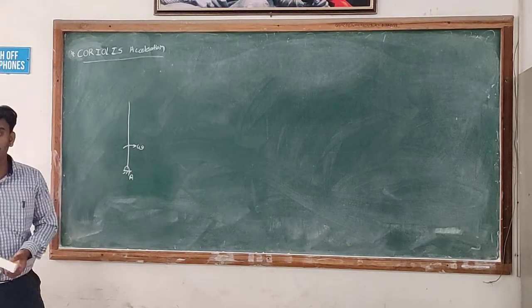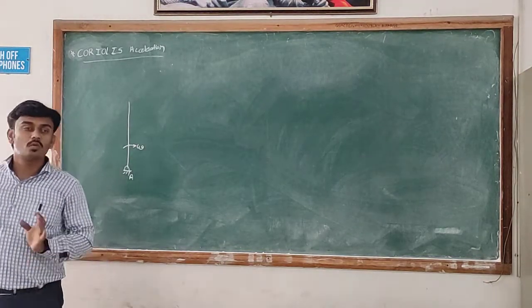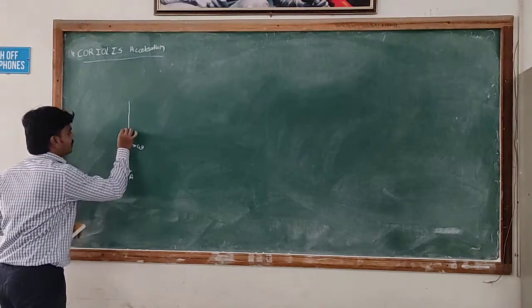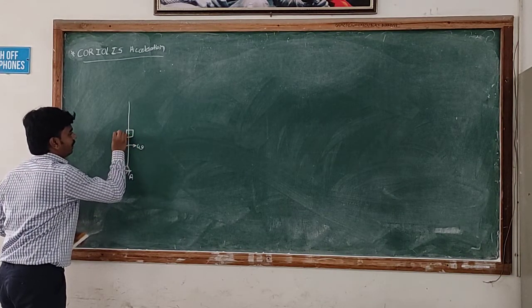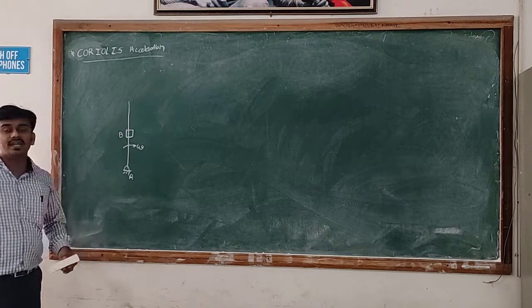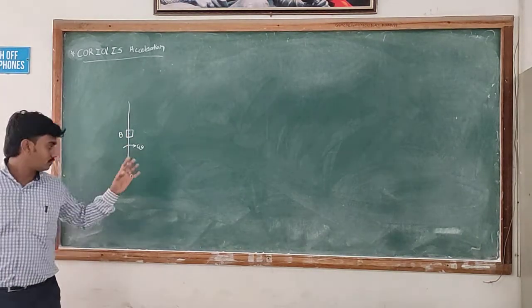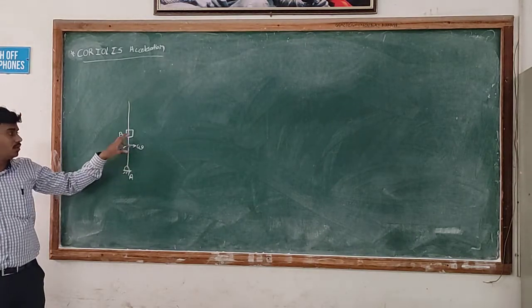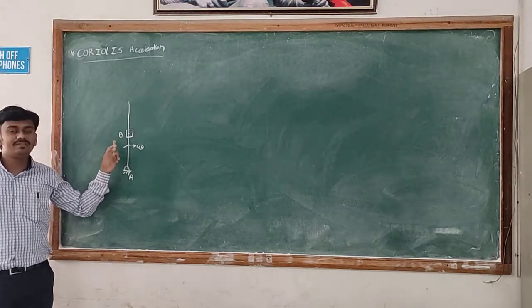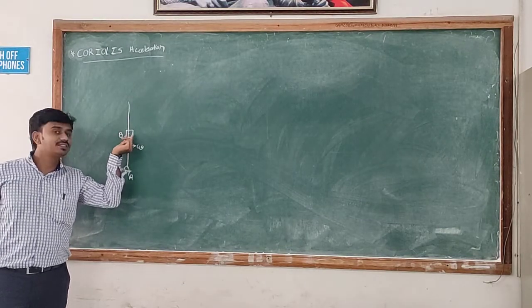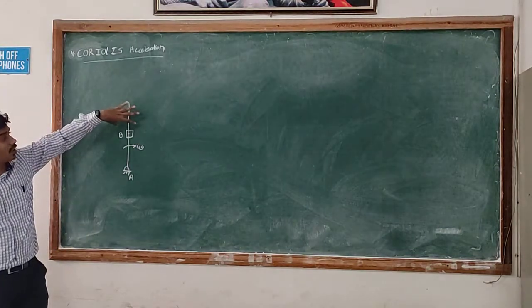It has one slider on it, and we consider this as point B.